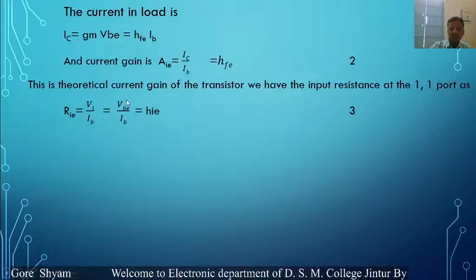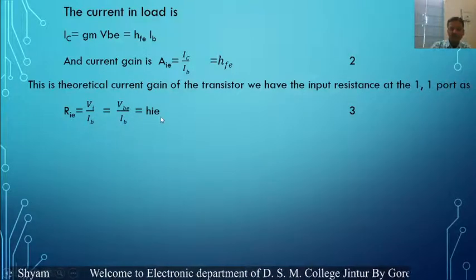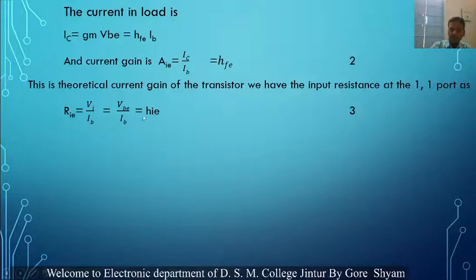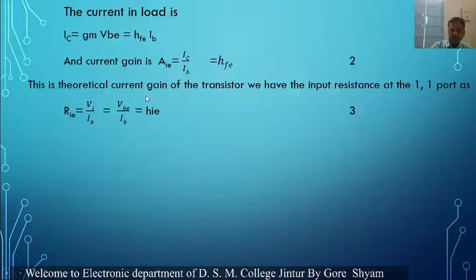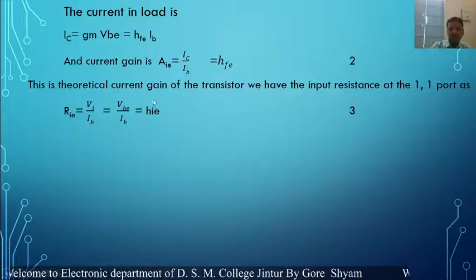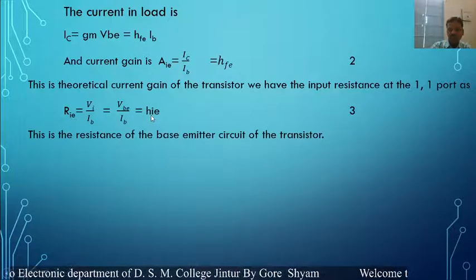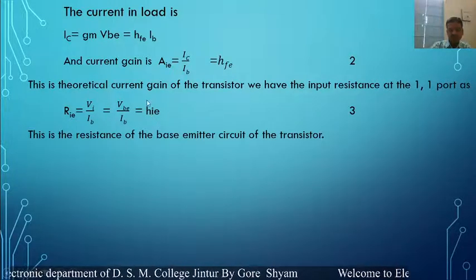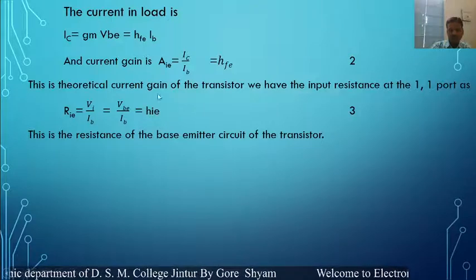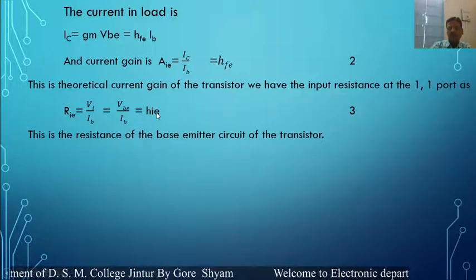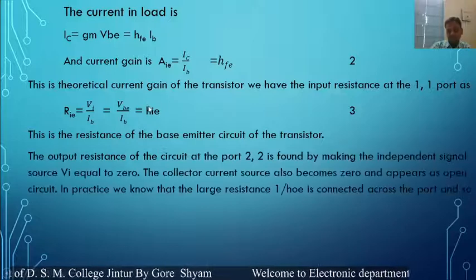So, VI divided by IB is equal to hIE. This is the input resistance for common emitter amplifier, and this value of hIE is very small. The input resistance is the resistance between emitter and base of the transistor.